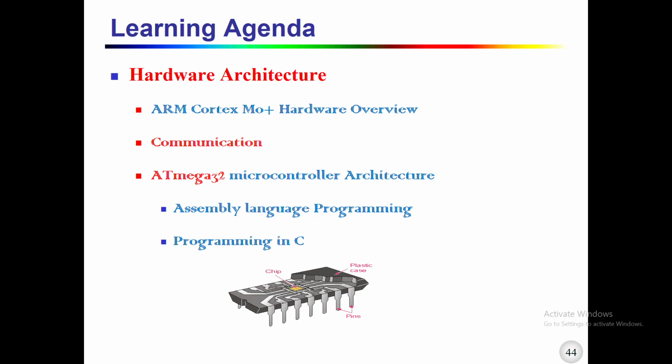And these microcontrollers, which we call the ATmega32 microcontroller architecture, use either of two languages for writing programs for these hardware: assembly language programs and programming in C. Preferably, we can use either language. So we'll see each of the concepts here.